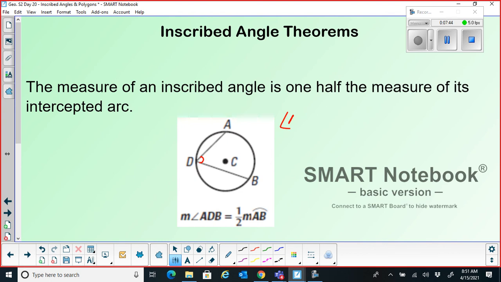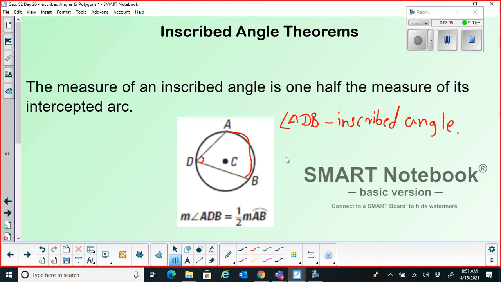Angle ADB is the inscribed angle here, from the definition of inscribed angle. And arc AB is the corresponding intercepted arc for these two chords.